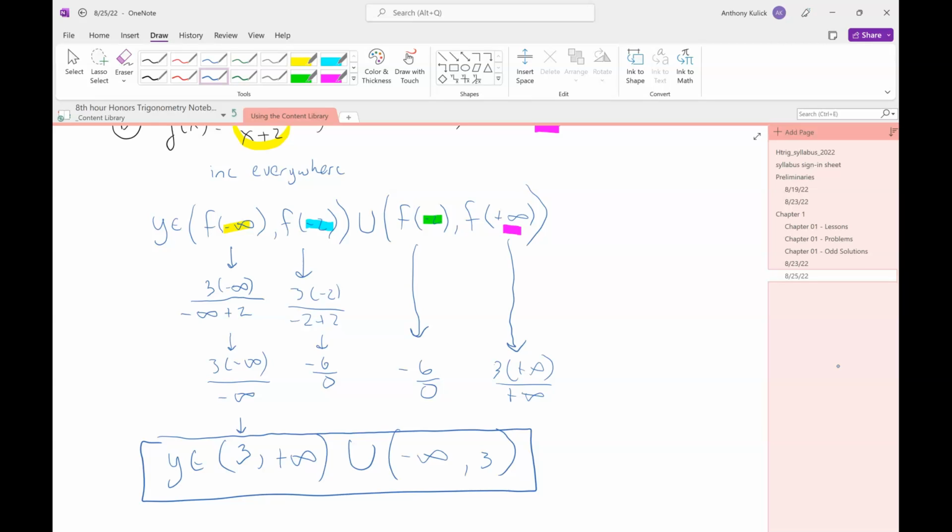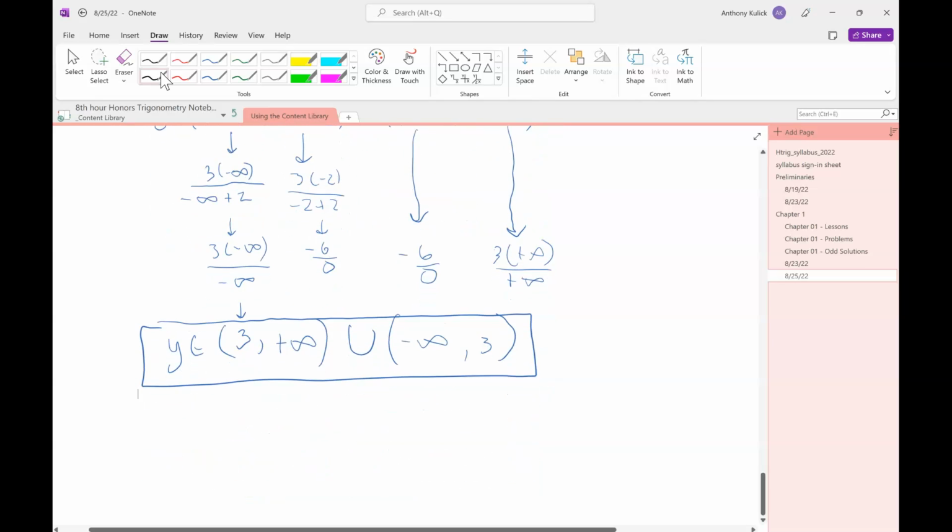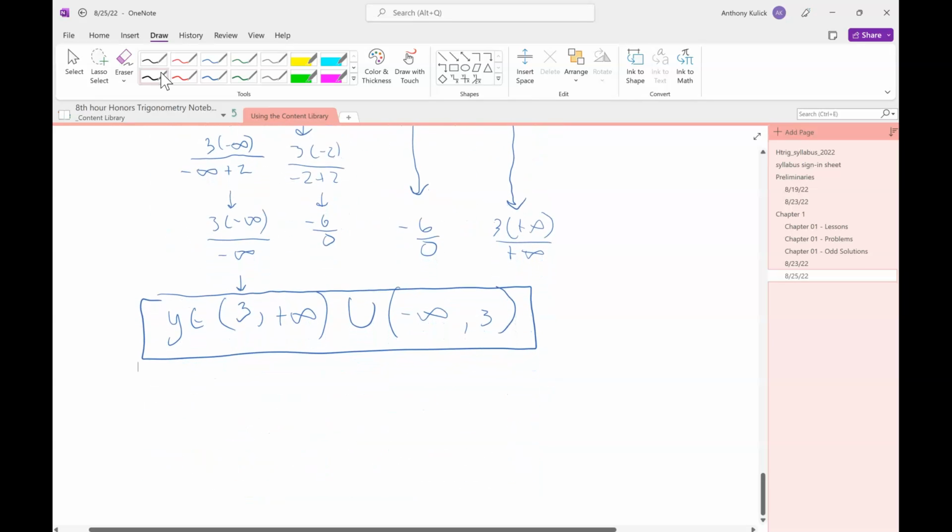What do you think? Who is sitting there thinking, okay, Mr. Kulik, that's fine, but what about the ones that have both increasing and decreasing going on at the same time? We haven't addressed that situation. I said that that can happen. We all agreed that that can happen. None of your examples has had that happen. Can we do an example where that happens? Sure, let's do that. Everybody okay?